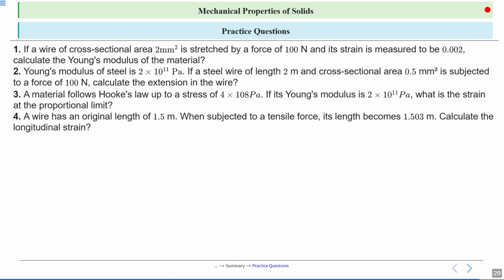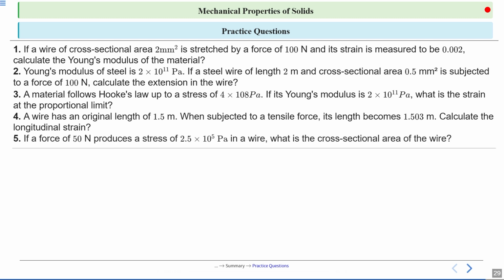When subjected to a tensile force, its length becomes 1.503 meter. Calculate longitudinal strain. If a force of 50 Newton produces a stress of 2.5 into 10 raised to the power 5 Pascal in a wire, what is the cross sectional area of the wire? Alright, so these are the practice questions and these are homework.